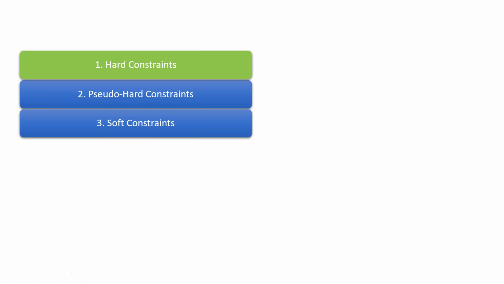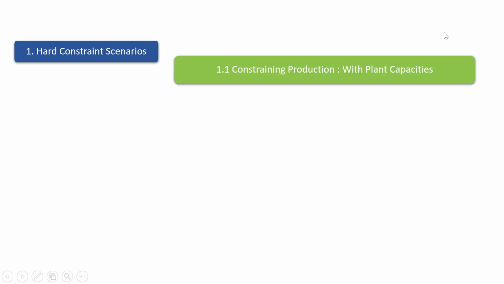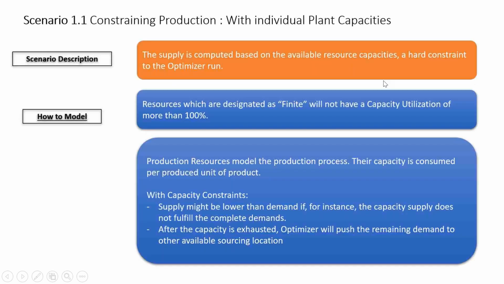Hard constraints, pseudo hard constraint, the soft constraint. So hard constraints, I said, constraining production with the plant capacities. So this is a scenario. The supply is computed based on the available resource capacities, a hard constraint to the optimizer run.